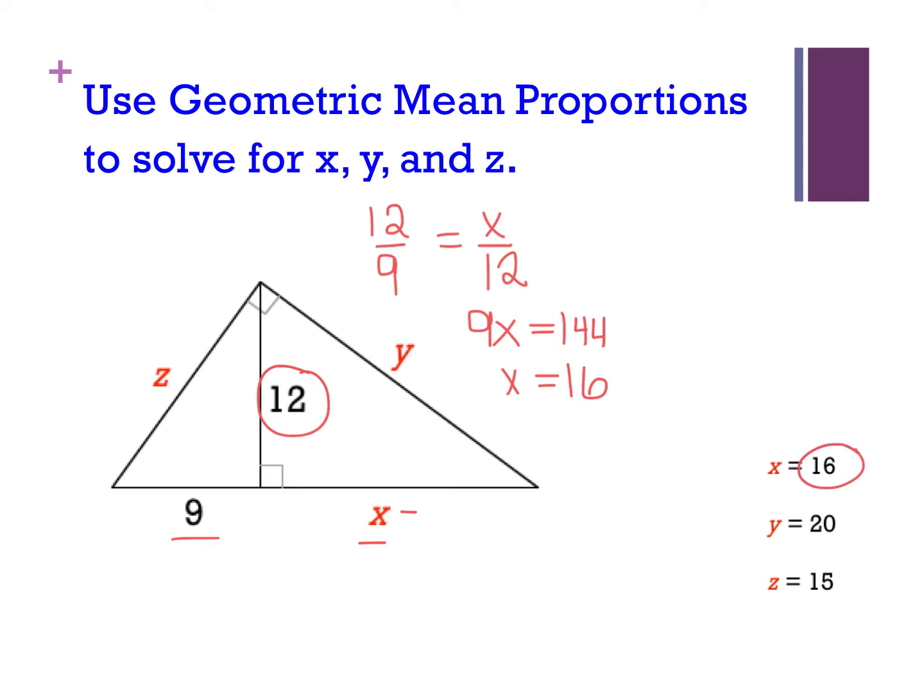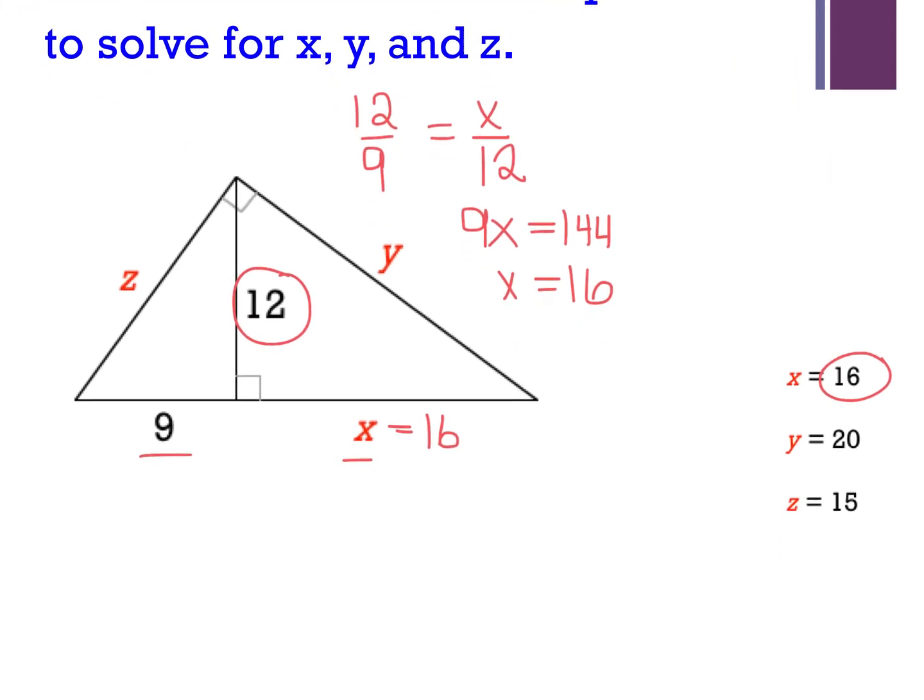Now that I know what x is, I can use the leg theorems. Let's find y first. y is the leg. Leg is the geometric mean of the entire hypotenuse, which is going to be 9 plus 16, aka 25, and the piece next to it, 16.